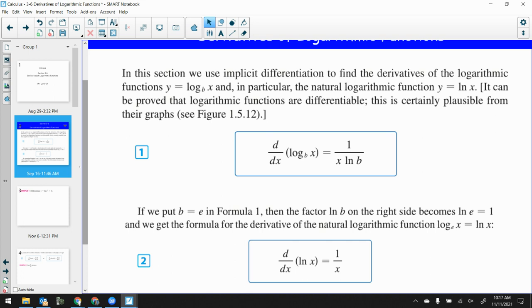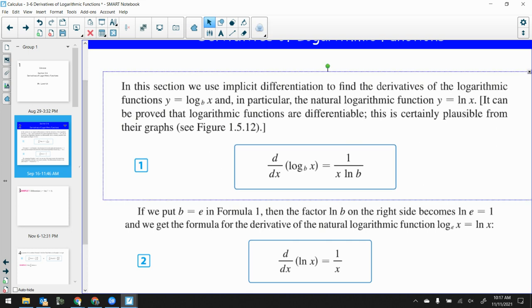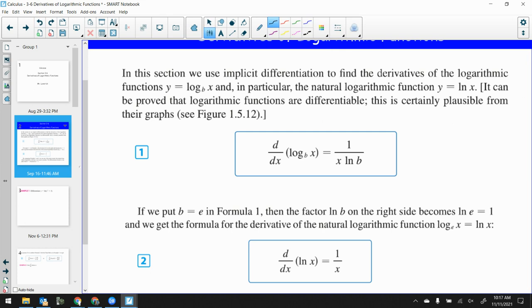If I put a logarithm base e, that is natural log, right? That is ln. So if I apply this rule as log base e of x, this becomes 1 over x ln of, what's my base? E. What is the natural log of e? 1. So that's why it turns into 1 over x times 1, or just 1 over x.